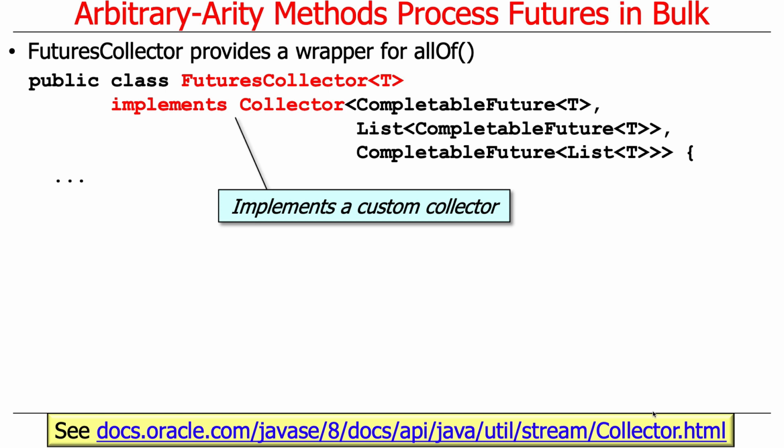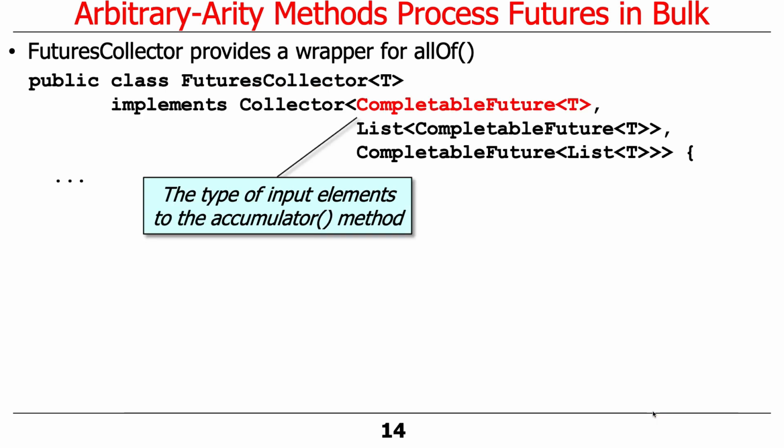So here's how this works. A lot of this will look familiar. FuturesCollector implements Collector, so it implements a custom collector. The type of input element, in other words, what the stream is producing, is a CompletableFuture. So we've got a stream of completable futures coming in.